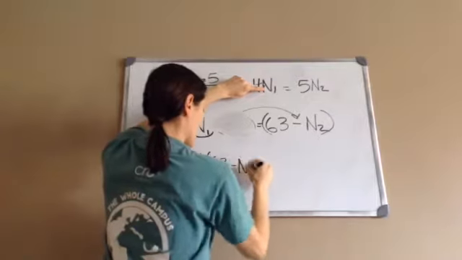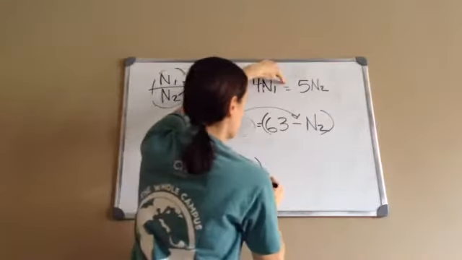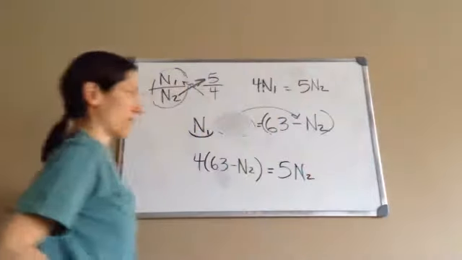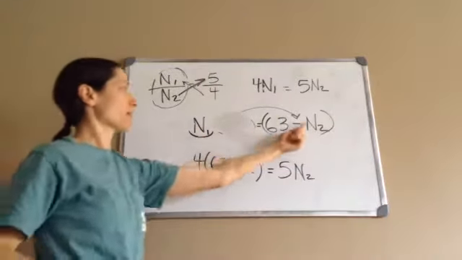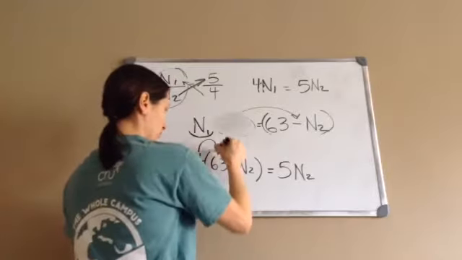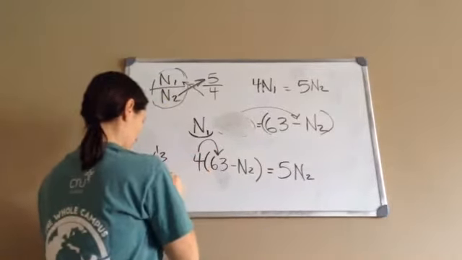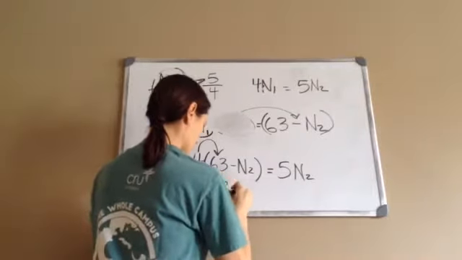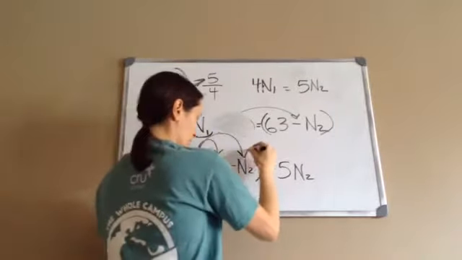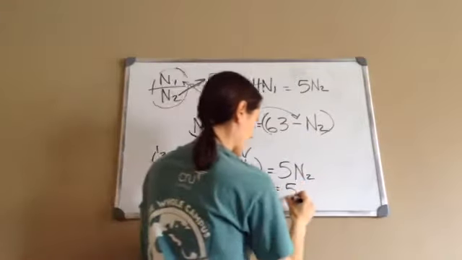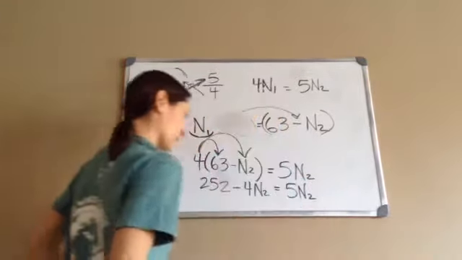My N1 is this, so I'm going to put it here. 63 minus N2 equals 5 N2. See what I've done? N1 equals that, so I put it in that spot. So now we do this. 252 minus 4 N2 equals 5 N2. Okay?